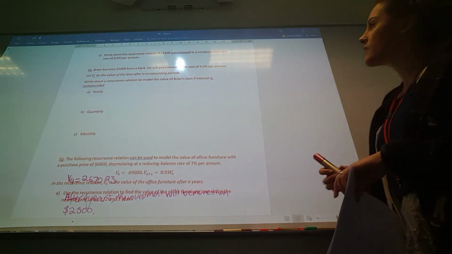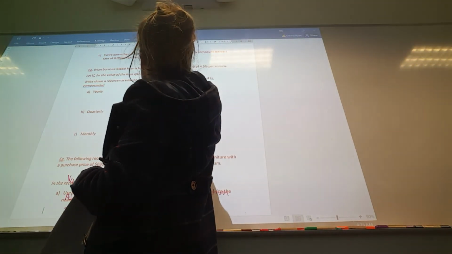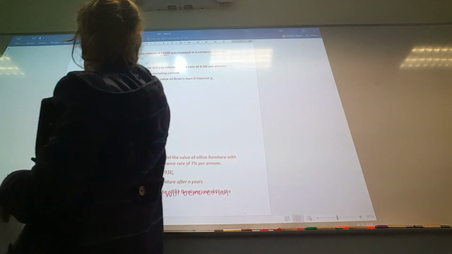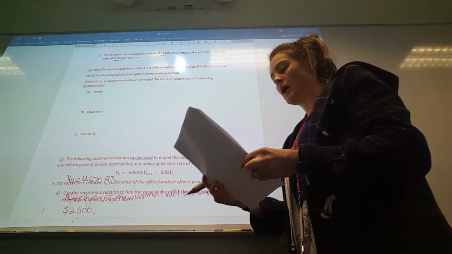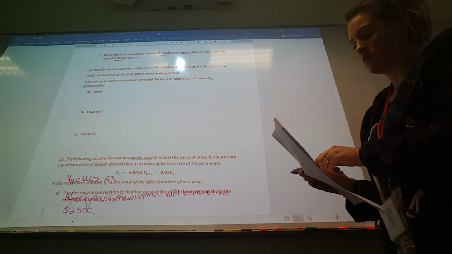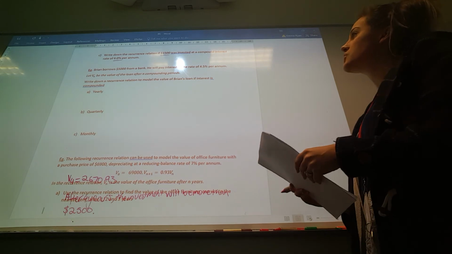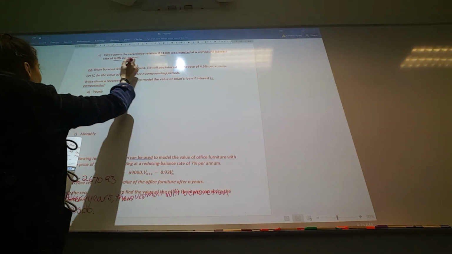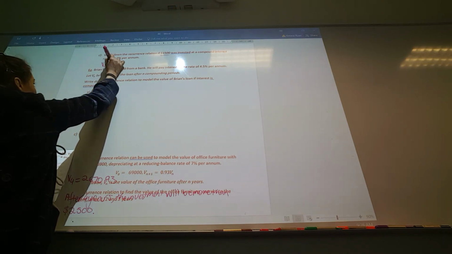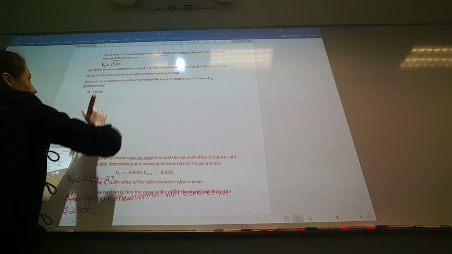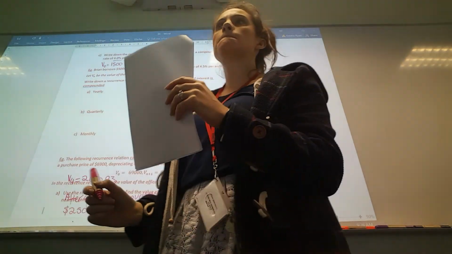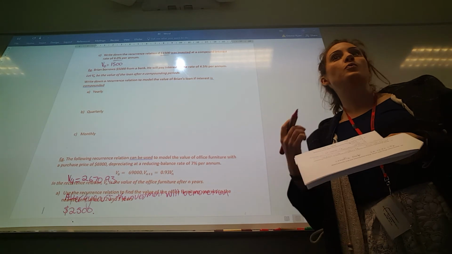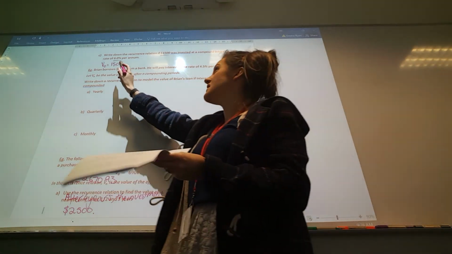Okay, so write down the recurrence relation if $15,000 was invested at a compound interest rate of 6% per annum. All right, so we can start with our V0. We know what that equals: 15,000. We haven't been given the ratio. We've been given the percentage.